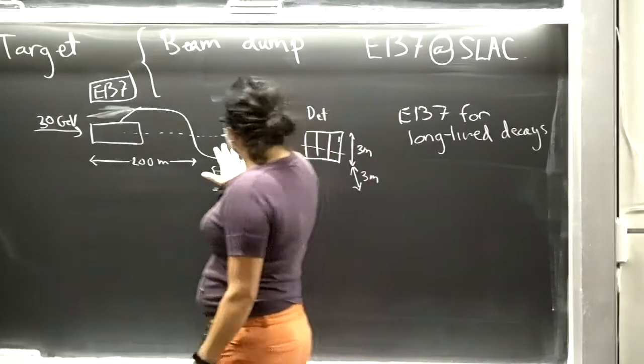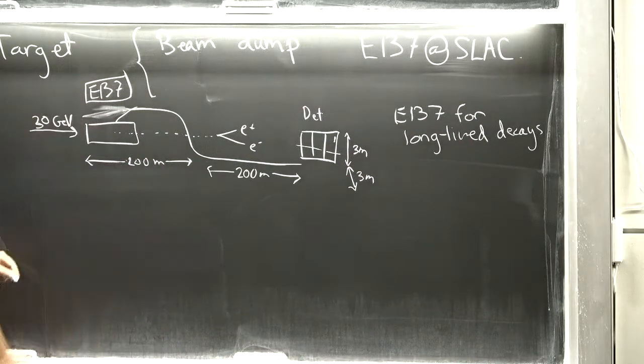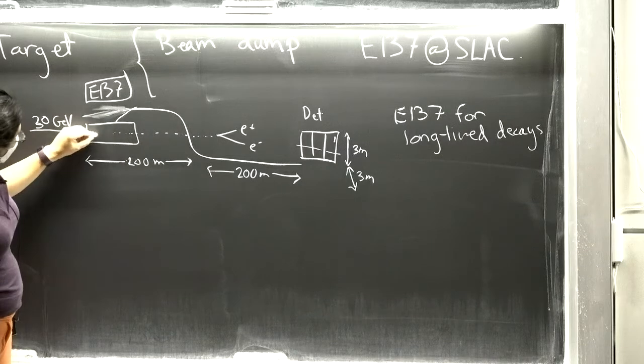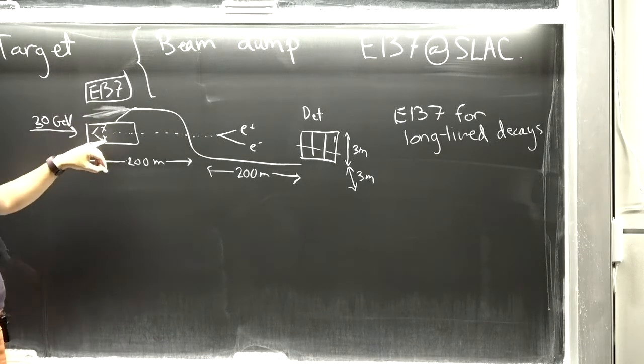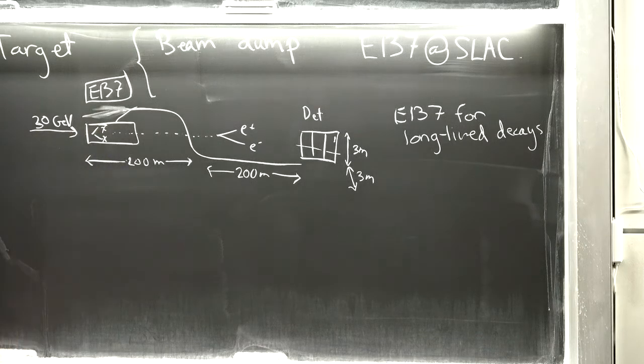The second use case is, what if the dark photon's decaying to dark matter? And that's going to be a prompt decay. So you'll produce the dark matter way up here in the beam dump. But it's also a very weakly interacting particle.